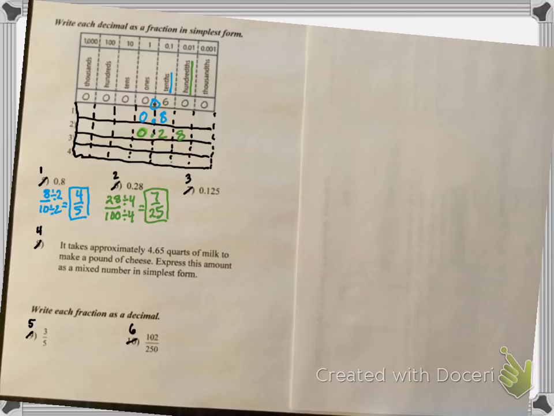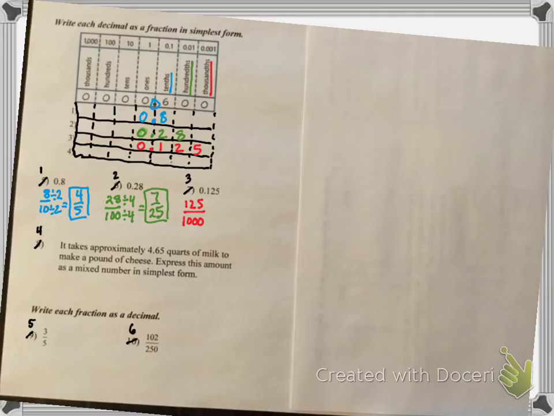Okay, next one, again, we're going to have 0.125, but if I read that, I'm going to say 125 thousandths. So I'm always reading the last digit. The last digit's place value column is the one I read. So I have 125 thousandths.